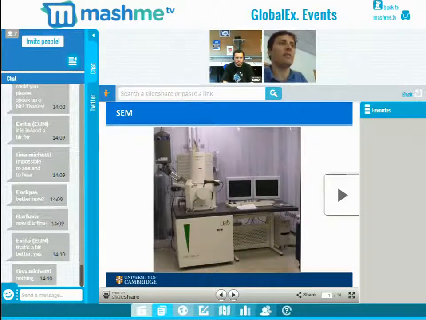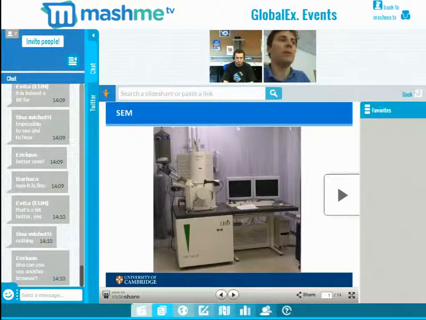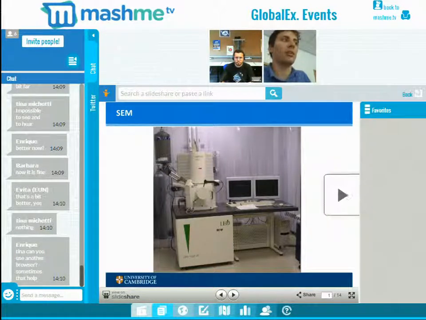So this is a vacuum system, and since the electrons are forming a beam, and they typically interact strongly with gases, you really have to pump down the chamber in order to get a really good vacuum to be able to image different samples.